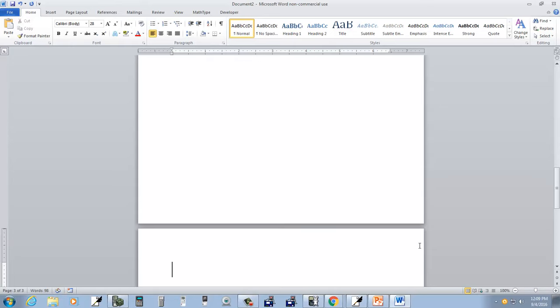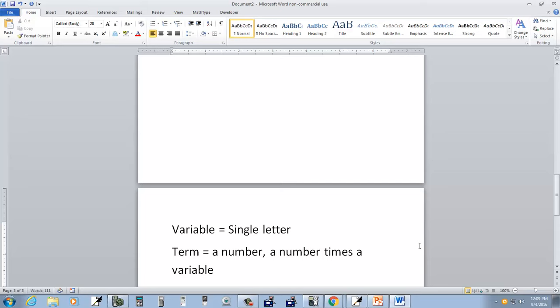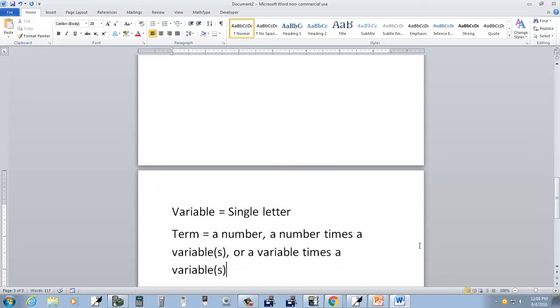Now we have some definitions. We have a variable, which is a single letter. We have a term, which is a number times a variable, and I put an S on there to indicate you can have more than one, or a variable times a variable. And again, I'll put an S on there to indicate you can have more than one.